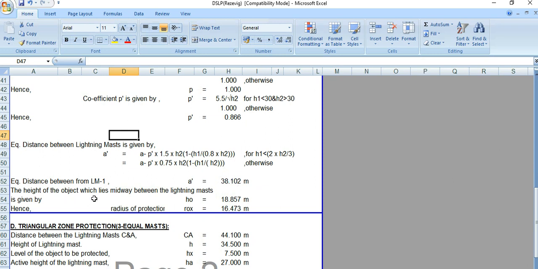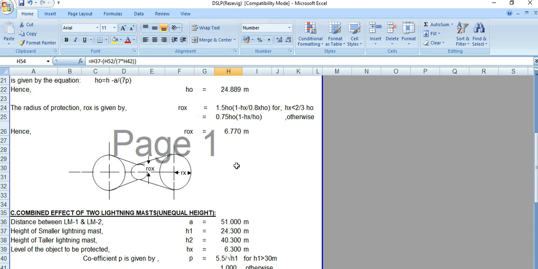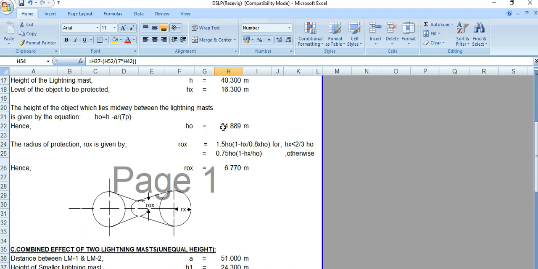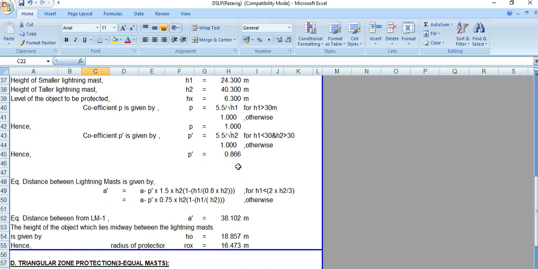The height of the object which lies midway between the two lightning masts is given by H0, the same formula as was calculated here, H0 equals H minus A by 7P.